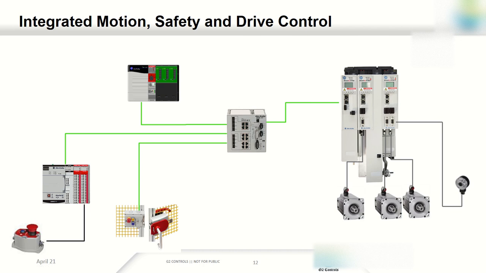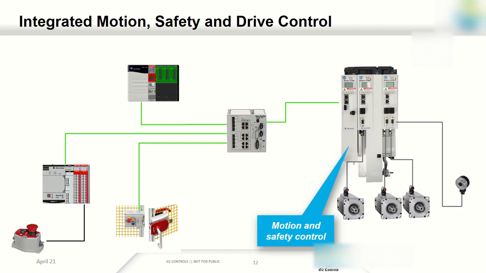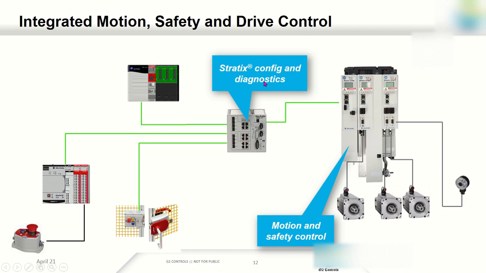Here is the integrated motion, safety and drive control. We can integrate multiple devices with the controller, like motion and safety controller. This is a motion and safety controller to control the servo motors and take the axis feedback from the encoders. This is a Stratix switch configuration and diagnostic.